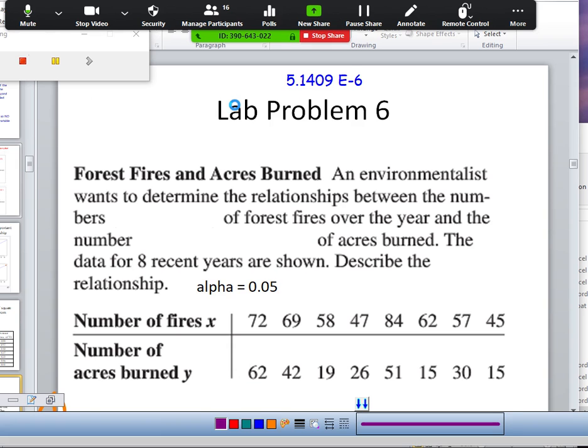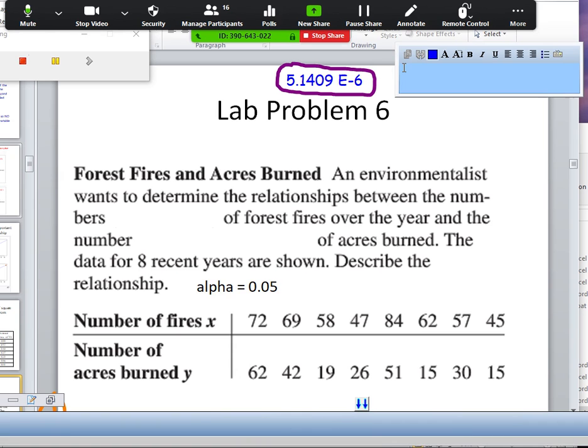So what you should notice is your p-value is a probability, so it should be between 0 and 1. Anytime you get a probability more than 1, then you darn well better have an E negative something after it. That means you put 6 zeros. I'm going to do 6 zeros, and the period goes after the first 0.